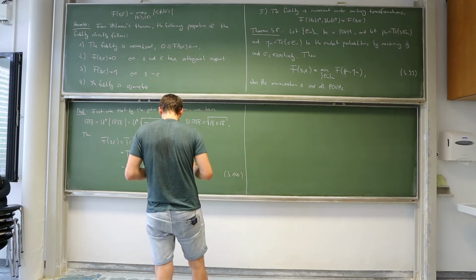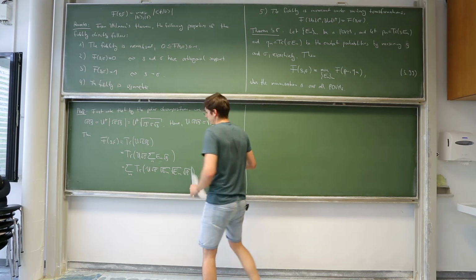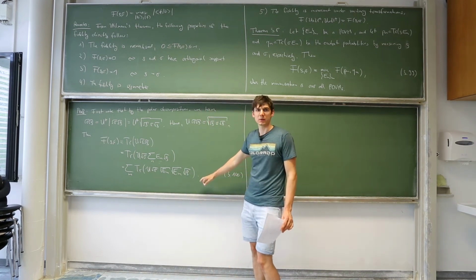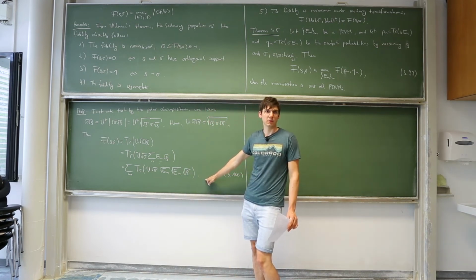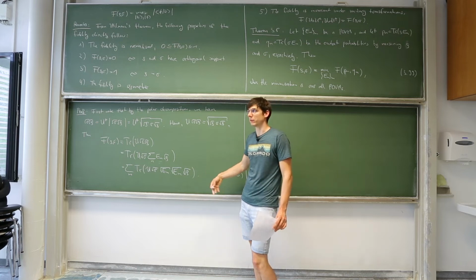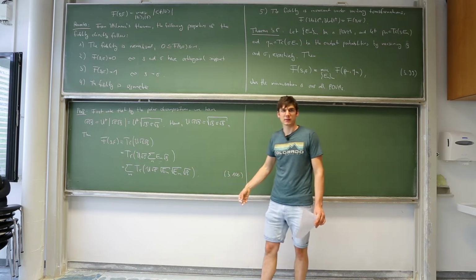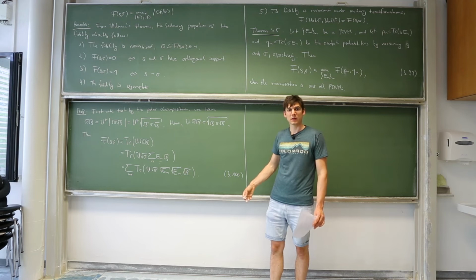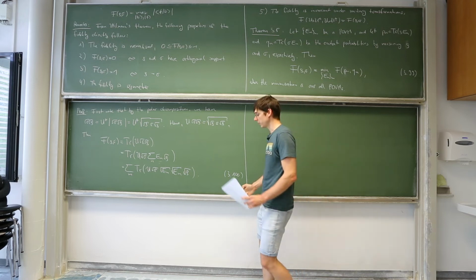And now we use again the Cauchy-Schwarz inequality for the Hilbert-Schmidt norm. We just saw this Cauchy-Schwarz inequality before the break.